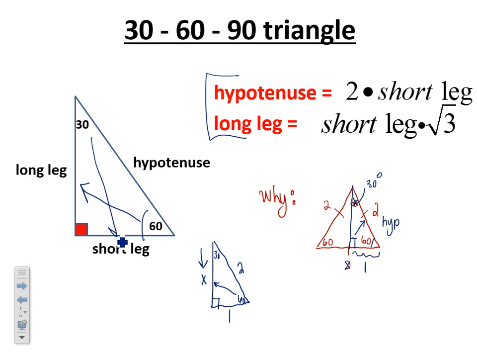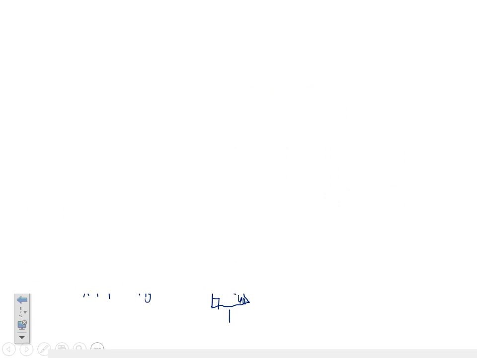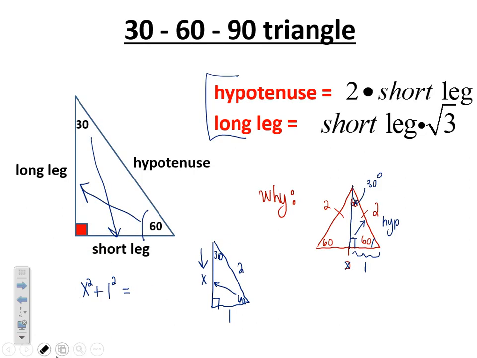The short leg is always across from the 30. So it would be the long leg x squared plus the short leg, 1 squared, equals the hypotenuse, which is, I should write 2 squared there, not the h, not the hypotenuse. Sorry about that.